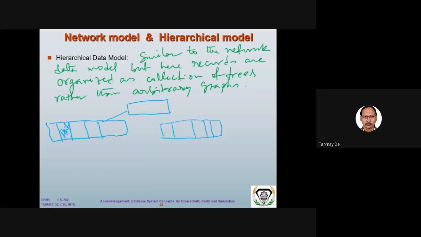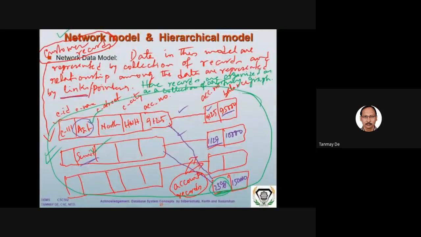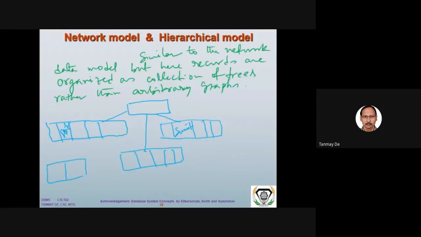Say this is Sumit in our earlier example. Say another customer. For example, the Osid has the account number 9125, with 95,000. Okay. This is linked to this.